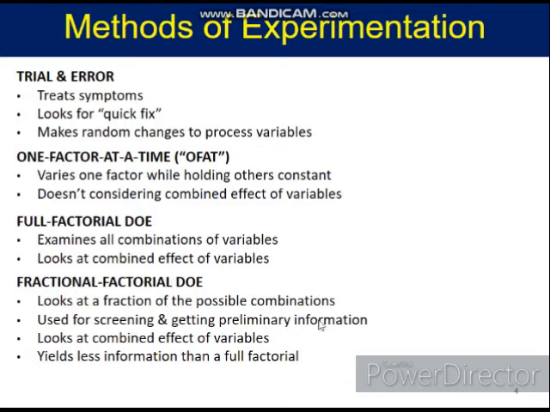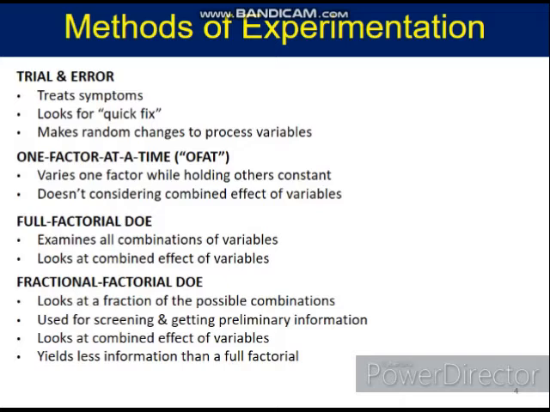In a fractional factorial design of experiment, basically it will reduce the number of experiments that you need to run significantly, but you're going to get less information out of it. But you're going to get information with respect to which variables are important.